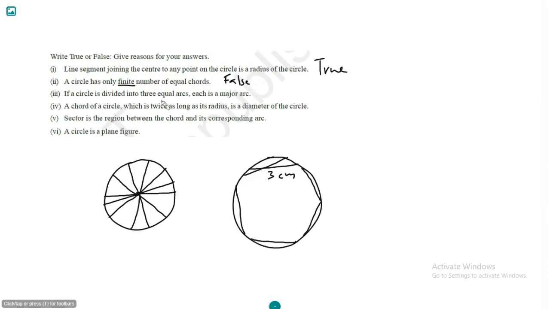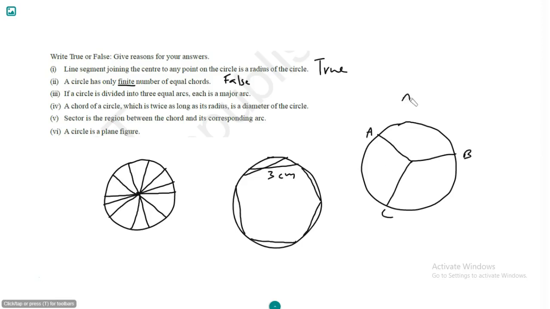If a circle is divided into three equal arcs, each is a major arc. So a major arc has to be bigger than a semicircle, right? That's how you define a major arc. So if a circle is divided into three equal arcs, let's have a circle like this. And if you have three equal arcs, the arcs are going to be like this. So arc AB, BC and CA are going to be the three equal arcs.